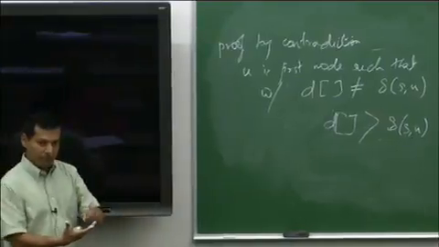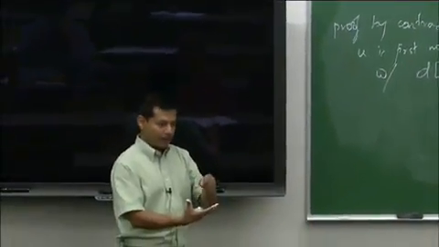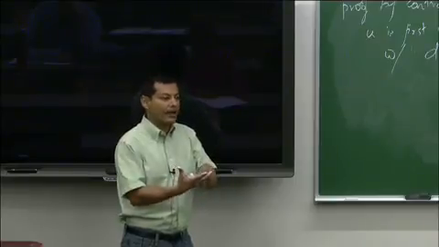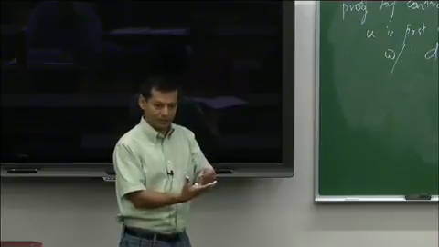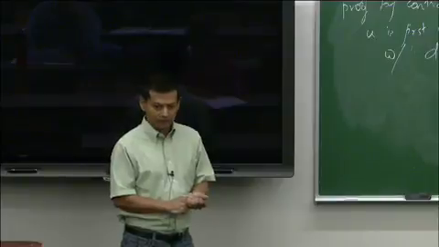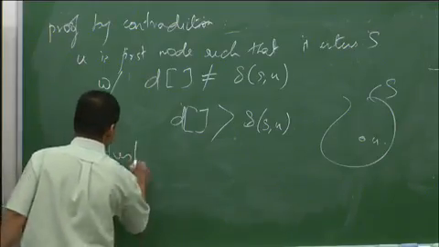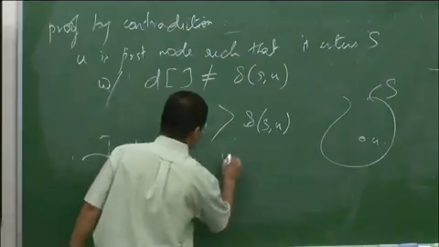So, u came in, and suddenly we are finding out that the delta value of u is actually strictly less than the d value that is sitting with it, and so things have broken down. Okay, so, now let us look at the following scenario just before u is brought in.